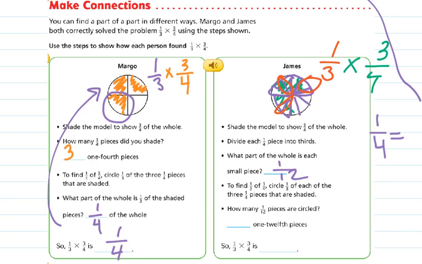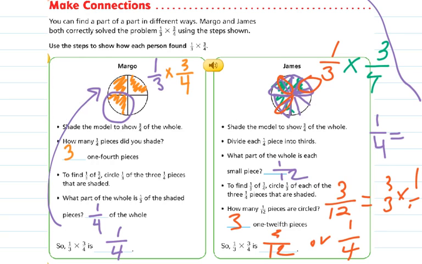We circled 3/12 pieces. So our answer would be 3/12 or 1/4, because we know that 3/12 has a common factor of 3, which would give us 1/4.